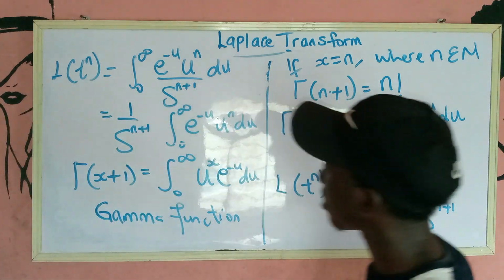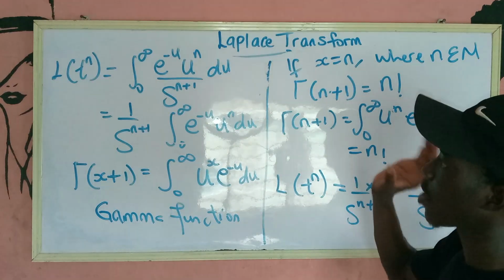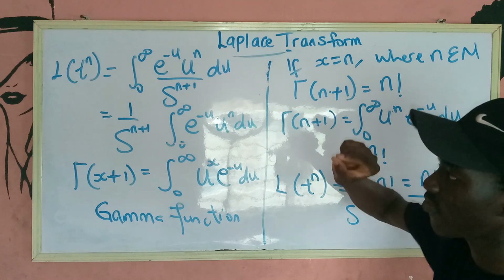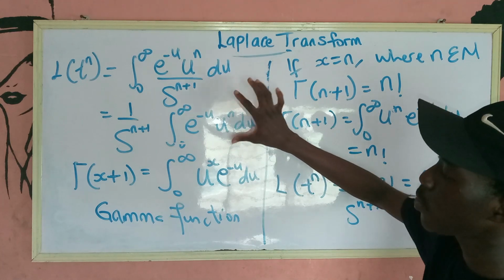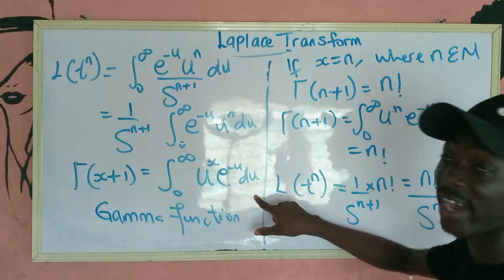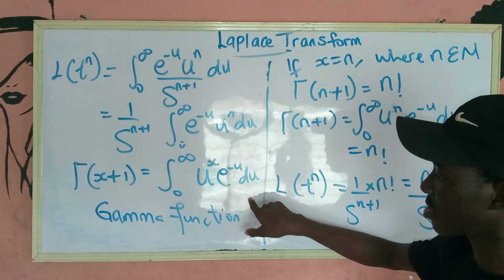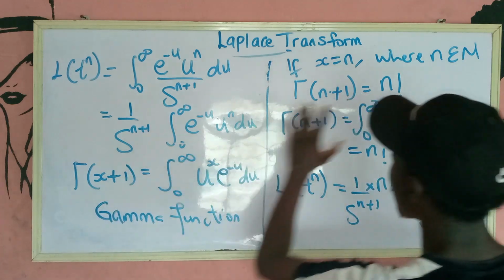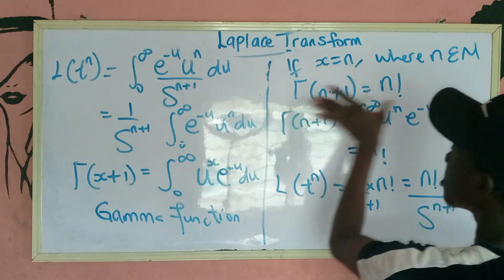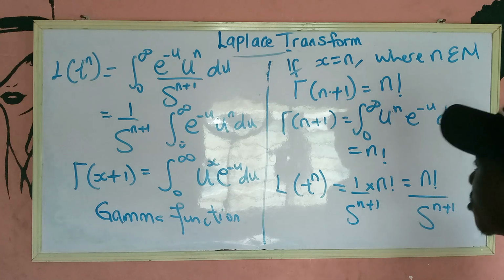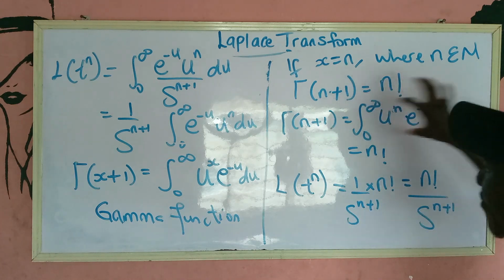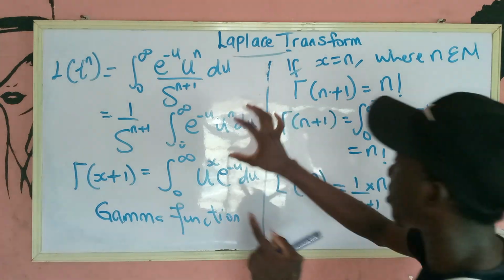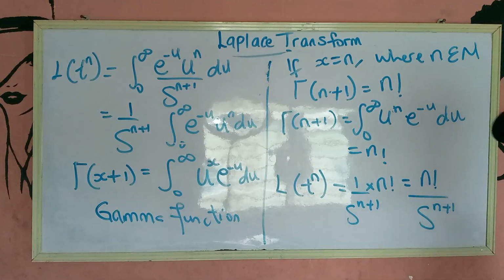So at least you can see what I did now. I made sure that I transformed the function first of all, and it exactly looks like the gamma function, which is defined as this. And if this x is a natural number, it becomes the factorial of the number. So this stuff itself, in the main question, is equal to this, so I just replaced the whole stuff by n factorial.